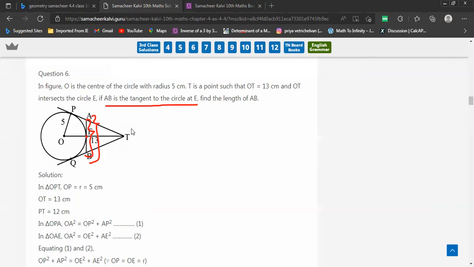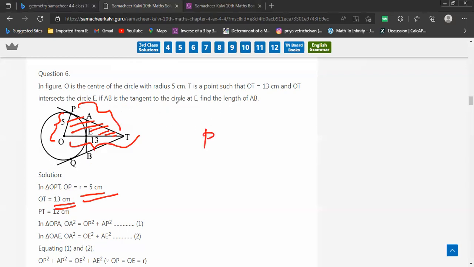Okay. So you take a triangle OPT. You can see the triangle OPT here. So from this, they already told the radius is OP, which is 5 centimeter. And OT is also already given in the question, which is 13 centimeter. And we need to find the value of PT by applying the Pythagoras. So you'll be able to notice a right angle triangle over here.